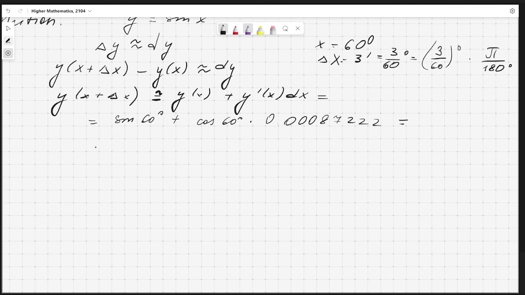And we have sine of 60 degrees, which is 0.86605. So 0.86605 plus 0.000436, and we have 0.86647.